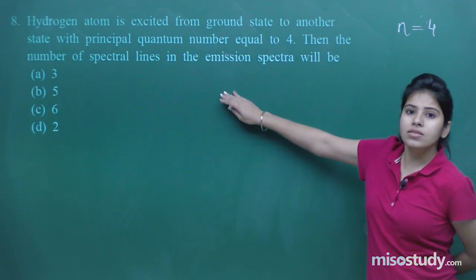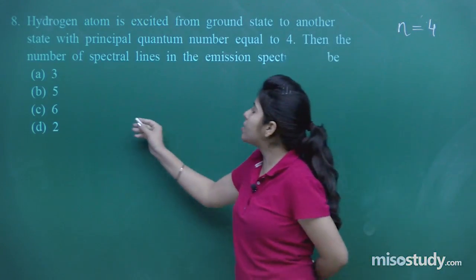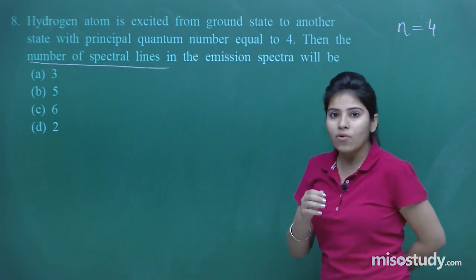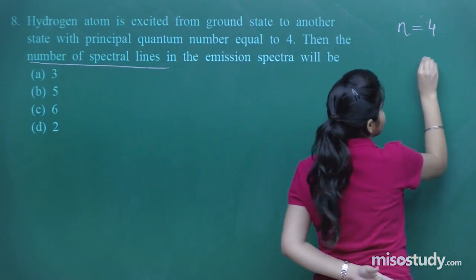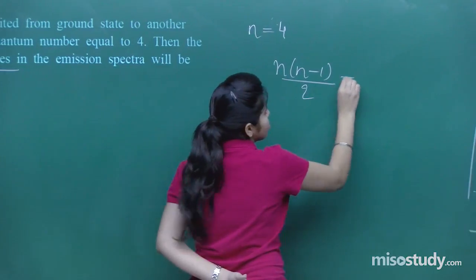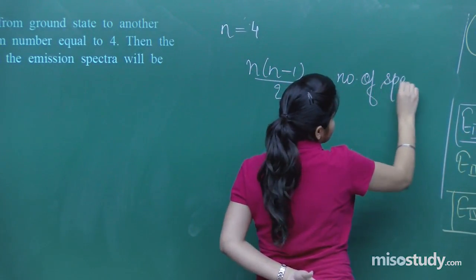For example, this question is just a formula-based question. If we have to find the number of spectral lines, the one formula that we know is n(n minus 1) upon 2. This is equal to the number of spectral lines.